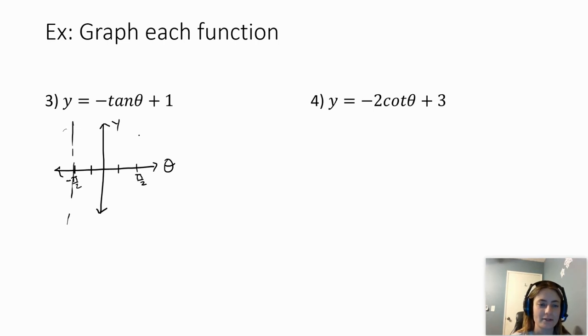We have vertical asymptotes here and here. We see that the midpoint, or the middle point, we're going to shift it up by 1. So instead of starting at 0, go up by 1.